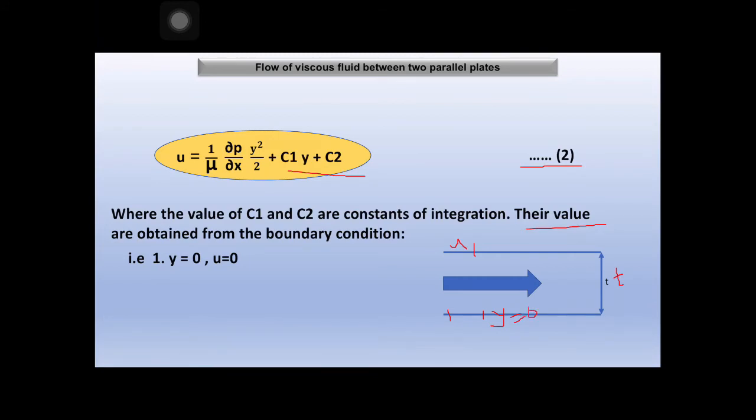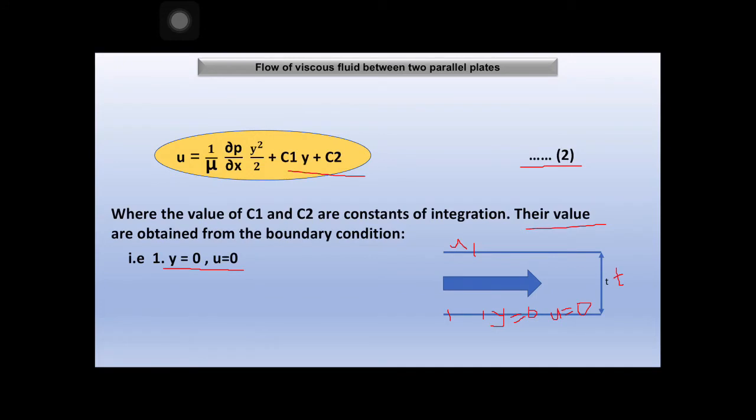And as you know, along the boundary, while fluid is flowing through any section such as a pipe or parallel plates, the velocity of flow along the boundary will be 0. That's why u will be 0. So the first boundary condition is y is equal to 0, u is equal to 0.